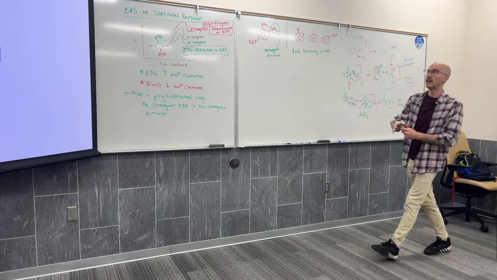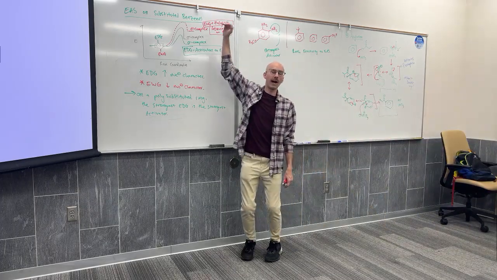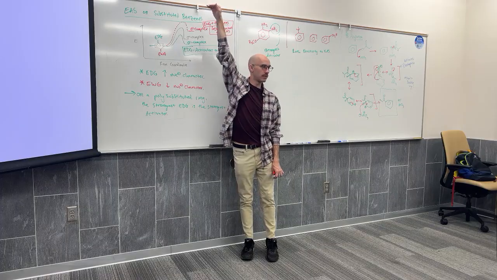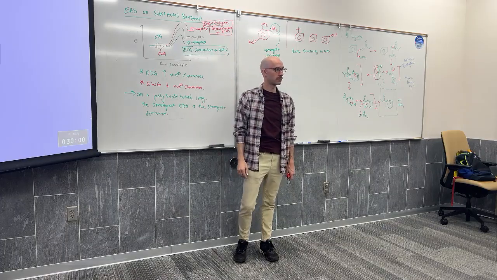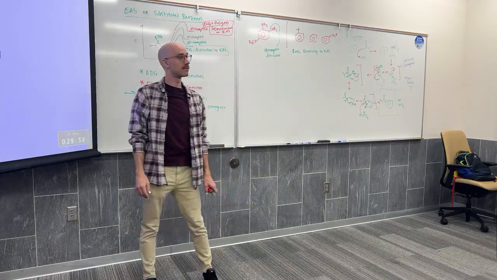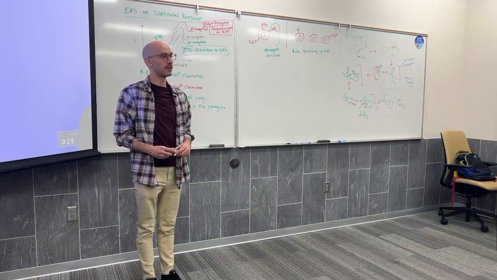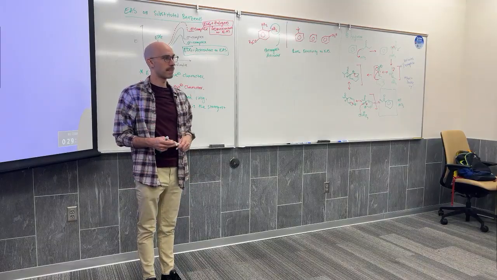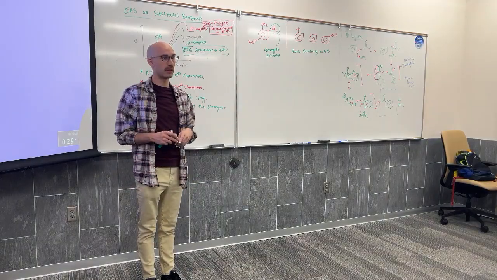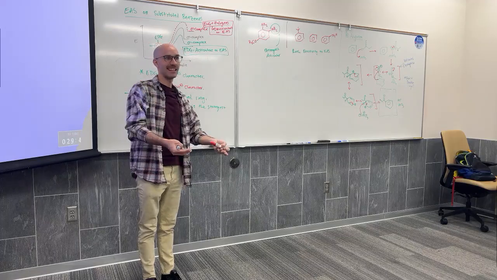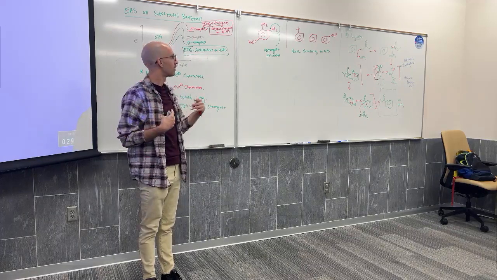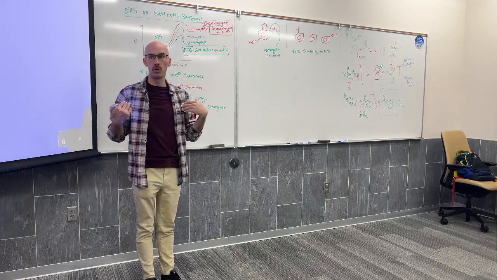Which is to say, which of these requires the most energy to form the sigma complex? The sulfonyl group. Why? It's electron withdrawing. Why is it electron withdrawing? It's got pi bonds from the sulfur to the oxygens, which pull electrons out.